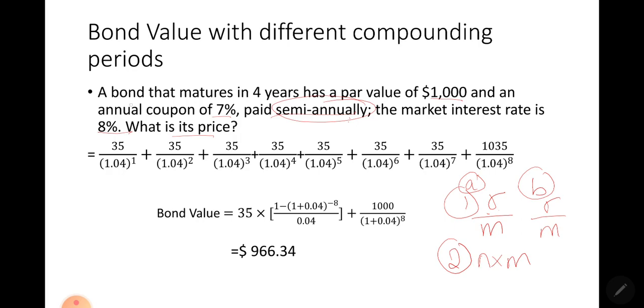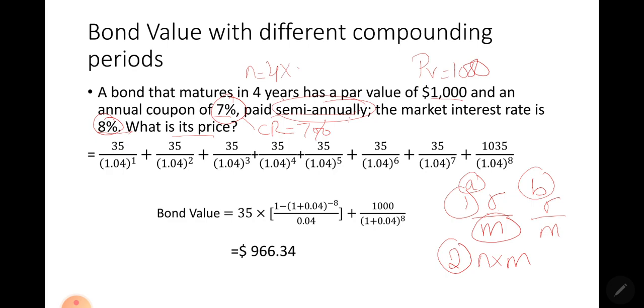A bond that matures in 4 years, so n over here is 4. It has a par value of 1000 and an annual coupon of 7%. This is your coupon rate, 7%, and the market interest rate is 8%. It's semi-annual, so the compounding period m will be 2.